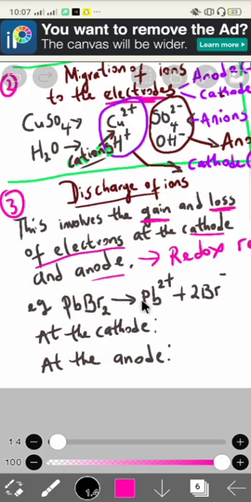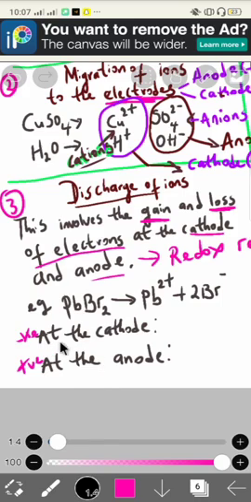When lead 2 bromide dissociates, or ionizes, let me put it that term, ionizes, we'll be having Pb2+ and 2Br-. So now at the cathode, the cathode is the what? Negative electrode. The cathode is the negative electrode, and the anode is the positive electrode when it comes to an electrolytic cell.